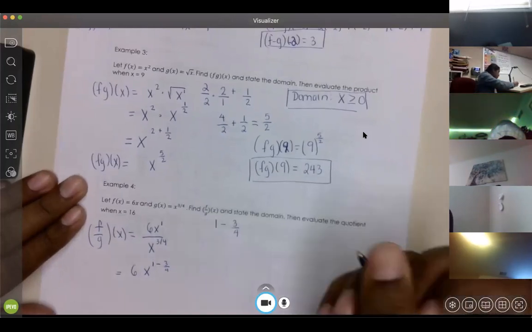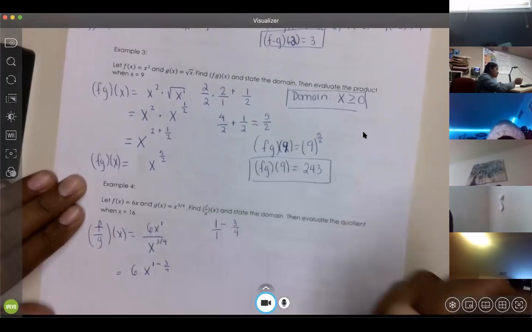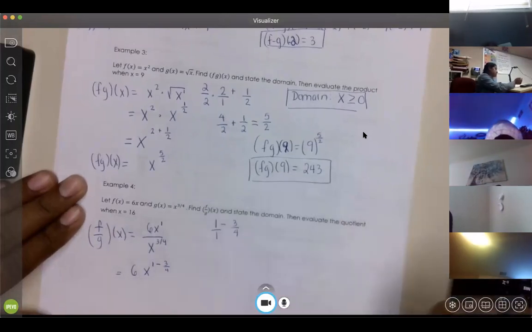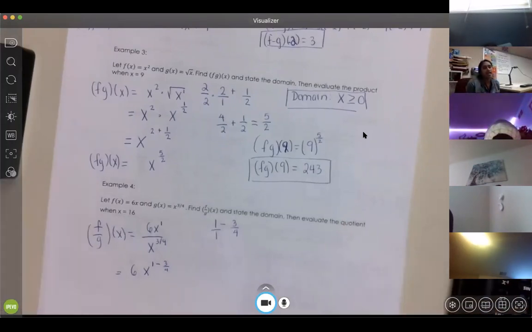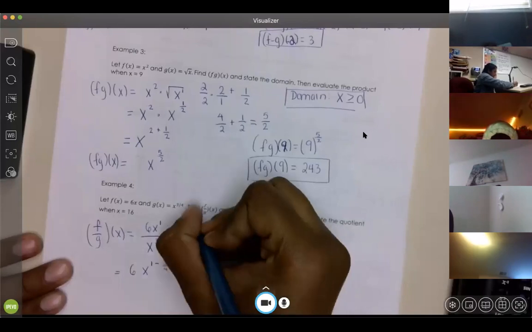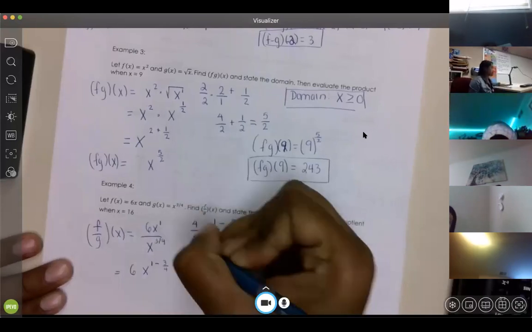You can change the 1 to a fraction by putting it over 1. Then look for the smallest number that both 1 and 4 go into, which is 4. So you can multiply the numerator and the denominator by 4.